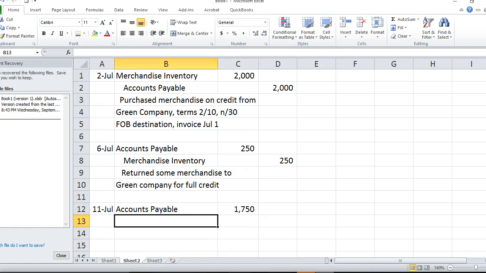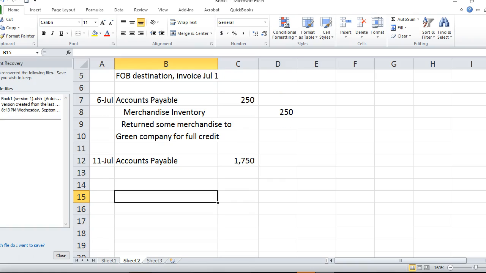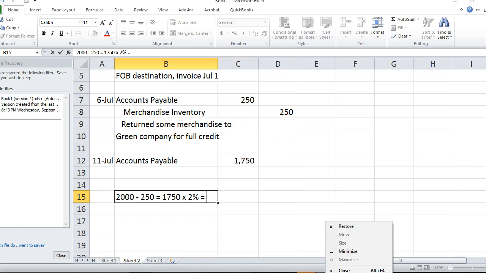Now, we owed them $1,750, but we took advantage of the 2% discount, okay? So let's just go down here and show this. The 2,000 minus the 250 is 1,750. 2% discount on 1,750 is what? $35.